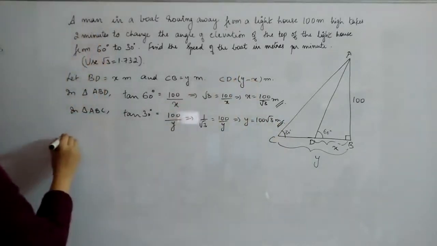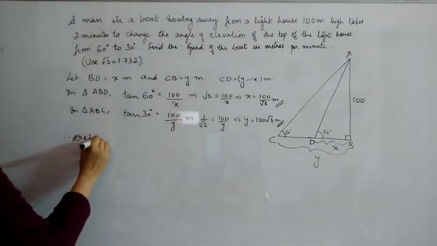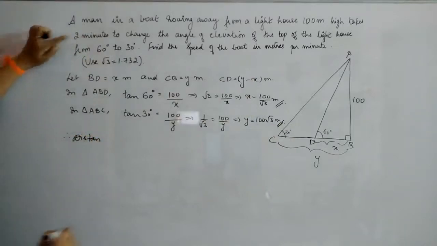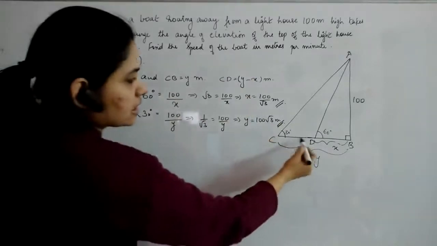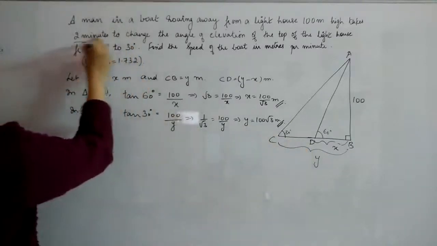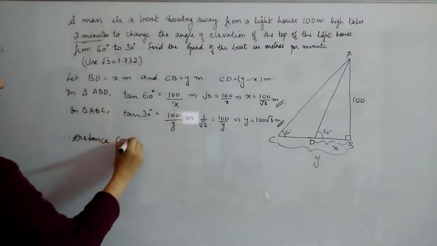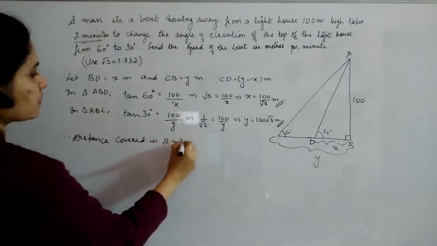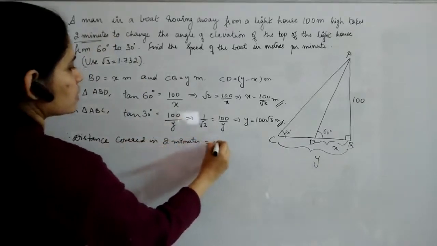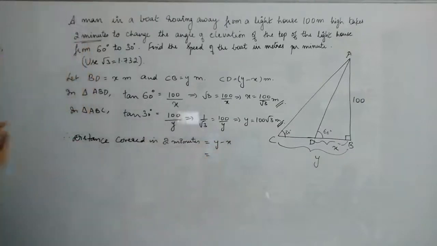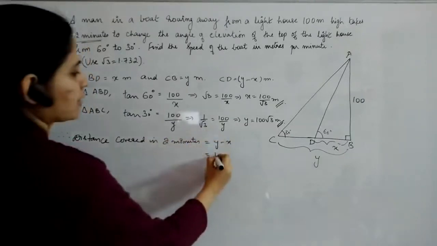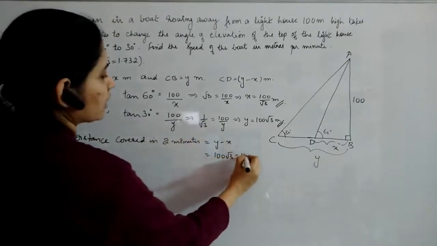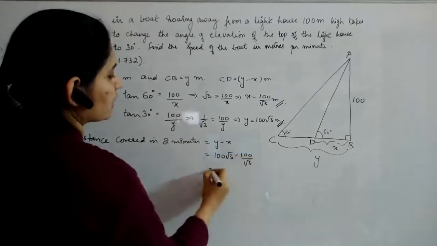Therefore, the distance traveled in how many minutes? It has been covering this distance in 2 minutes, right? So the distance covered in 2 minutes is equal to y minus x. Replace the values of y and x: 100 root 3 minus 100 by root 3.